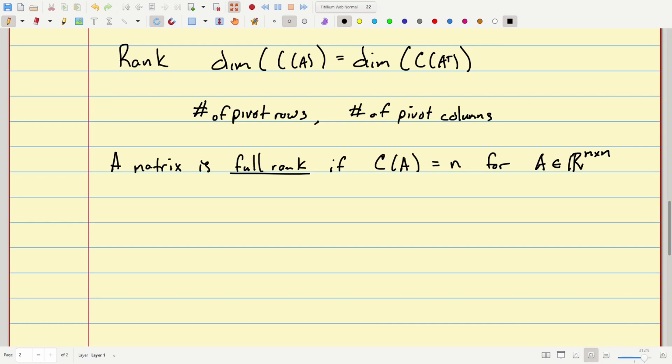We say that a matrix is full rank if every column is a pivot column. This is the shortest way to say that.